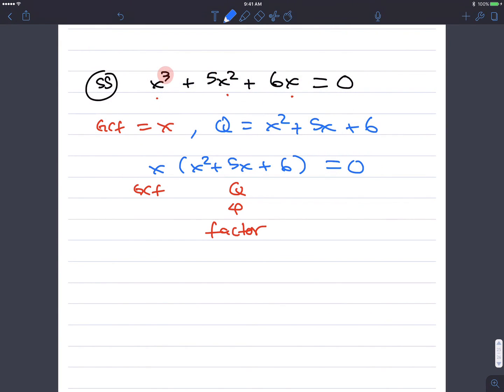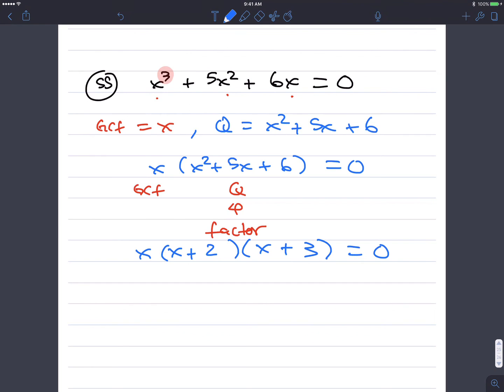And again, you get x, and then we have to think. This time we don't have the difference of perfect squares. What recipe do we use? Chicken soup or beef stew? I think we use chicken soup. Good job. You've got to remember those recipes.